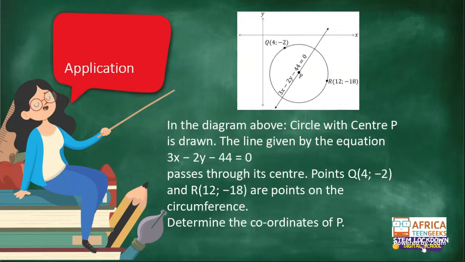So I told you, in order for you to be able to get that coordinate of P, you must use a principle that the radius PQ is equal to the radius PR.